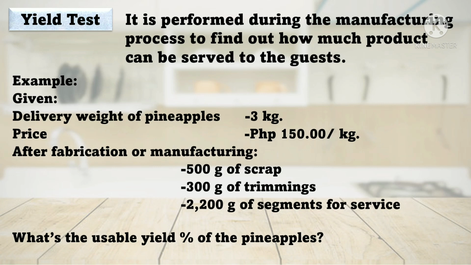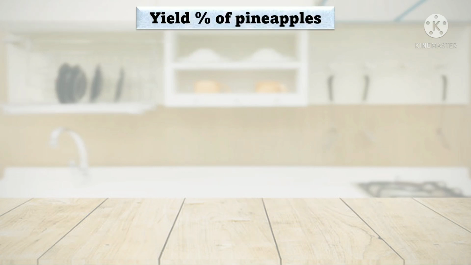Yield test is performed during the manufacturing process to find out how much product can be served to the guests. The result of the yield test is expressed as a percentage. Here is an example. Here is the formula in getting the percentage yield of pineapples.